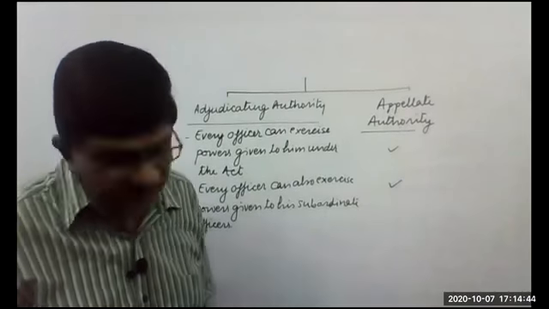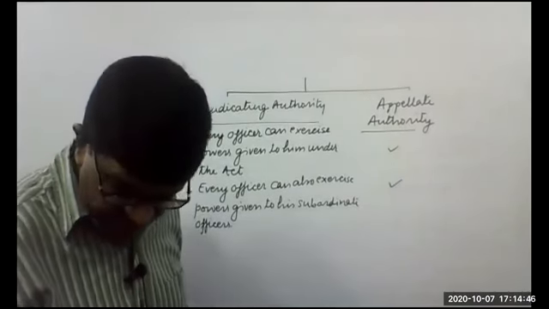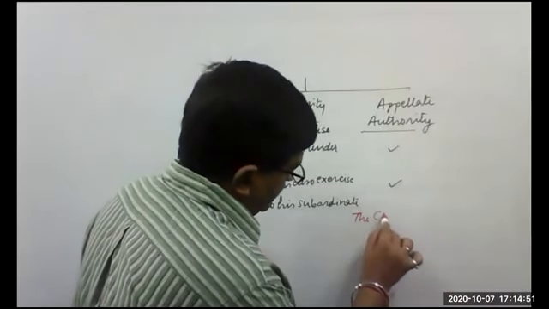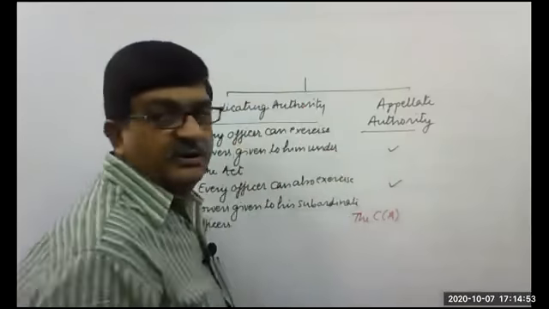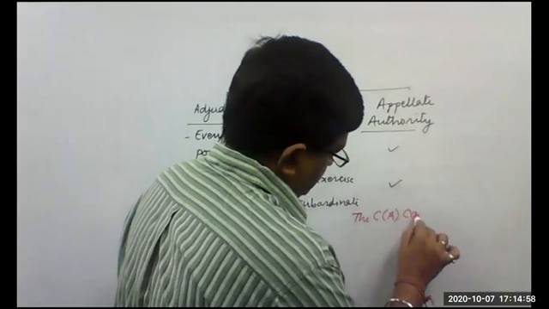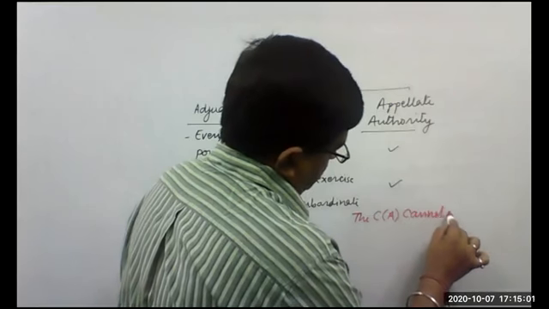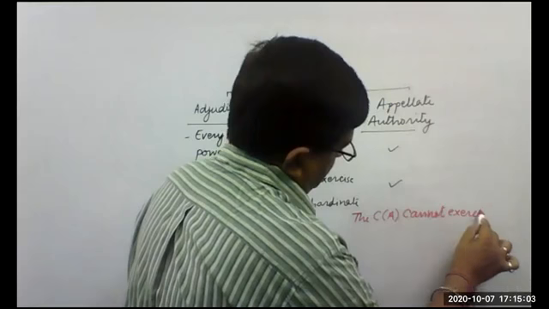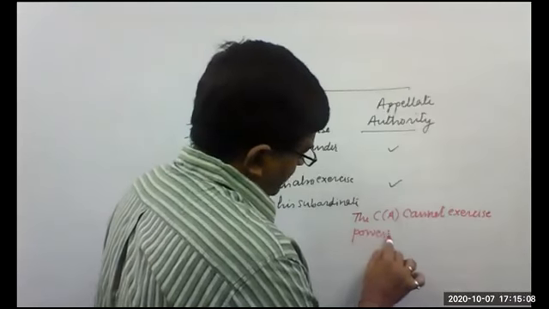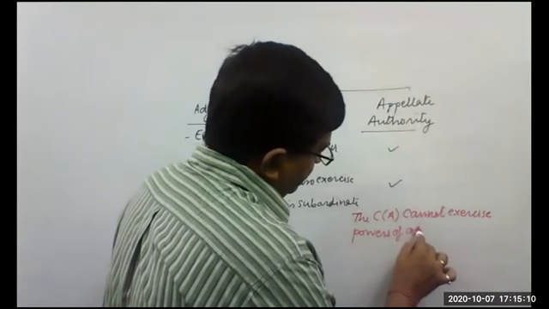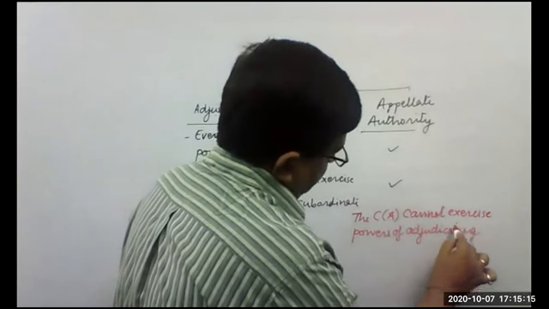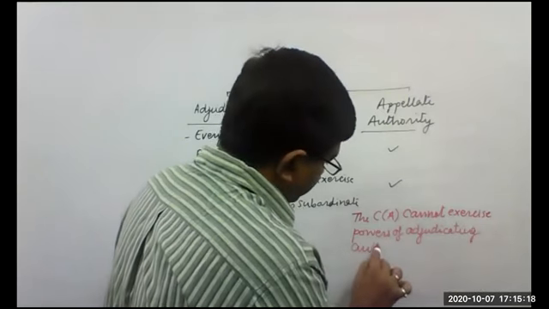The difference is the Commissioner Appeals cannot exercise powers of adjudicating authority.